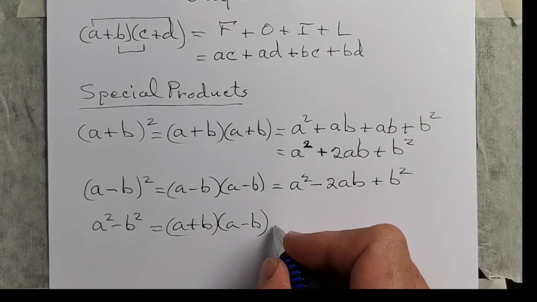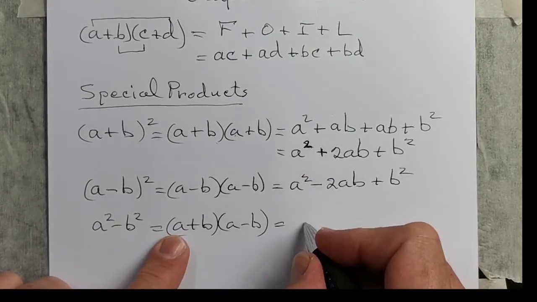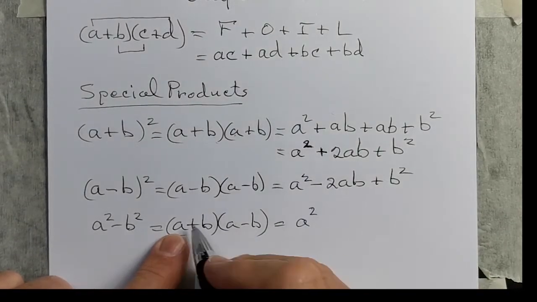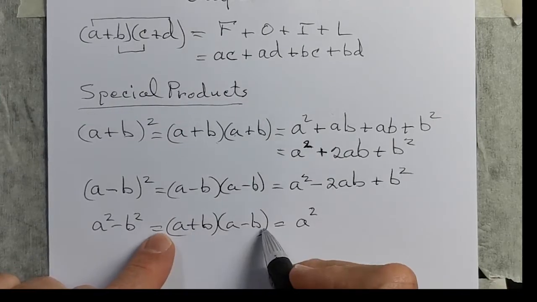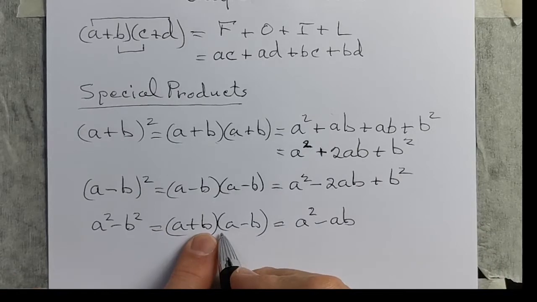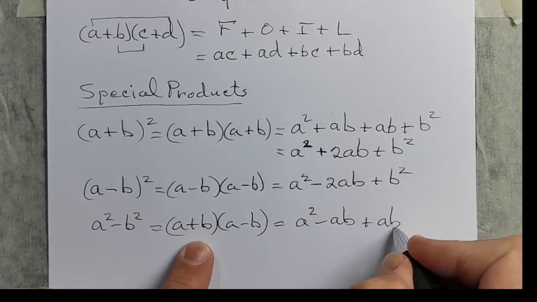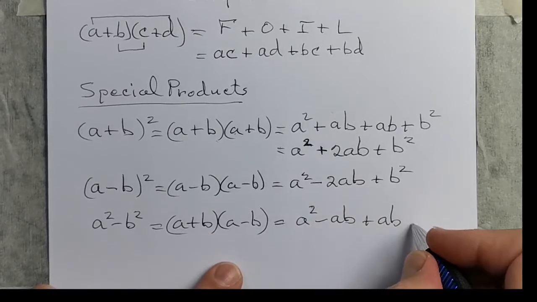So how would that look? First is a times a, a squared, outer minus ab, inner is plus ab, and then last was minus b squared.